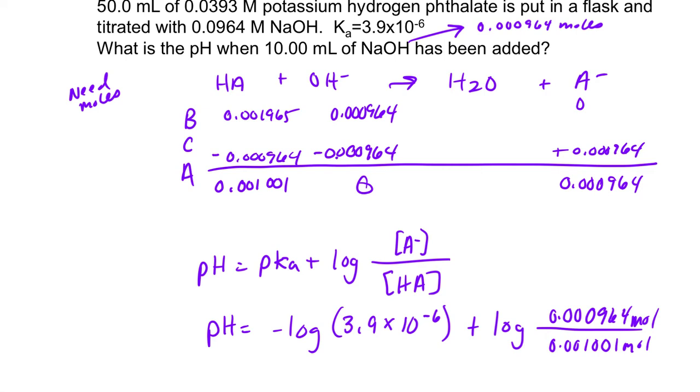If you wanted to use the volume, you've got to keep track of how much we've added. We started with 50, and we added 10, so we have a total of 60 milliliters. So keep an eye on that, right? If you want to use the volume, you've got to add up those volumes.